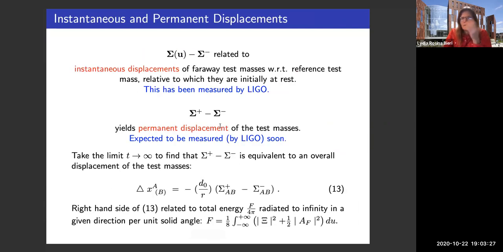So what I just said, in the right-hand side of this equation, here it is again under a different name. What LIGO has measured already is when U is my retarded time, one specific light cone at null infinity labeled U. And if I integrate up to a certain time, then I get the displacements that LIGO has seen.